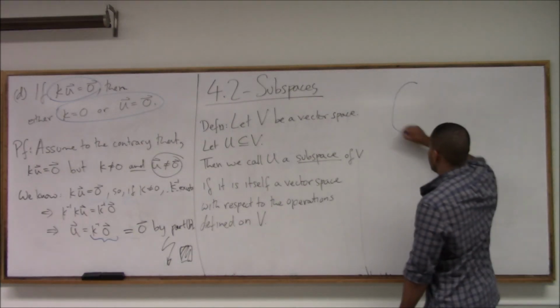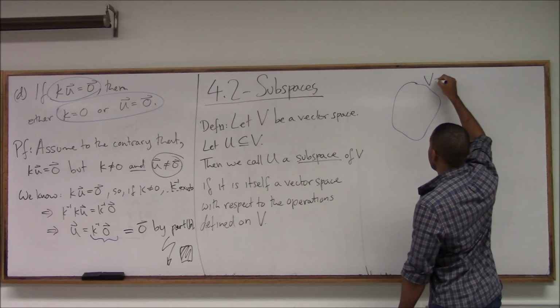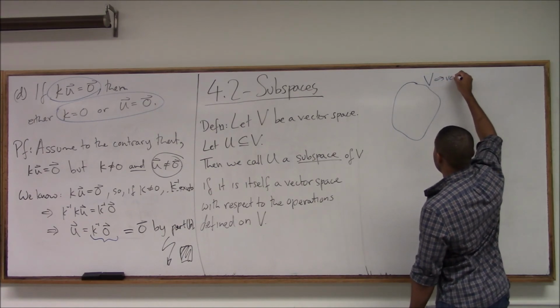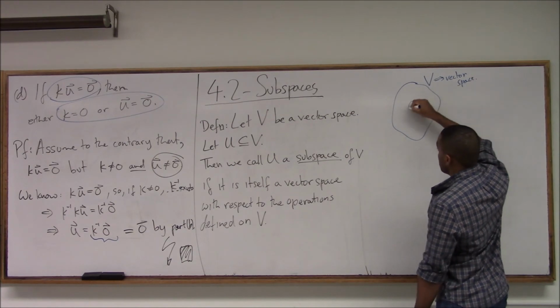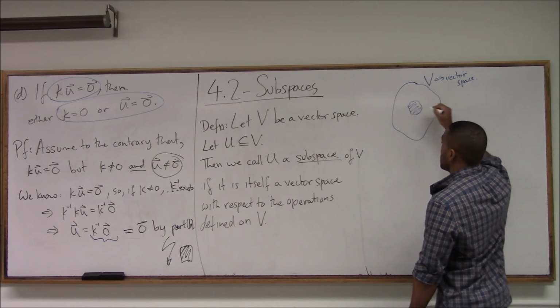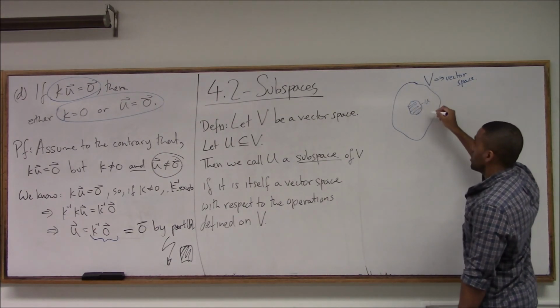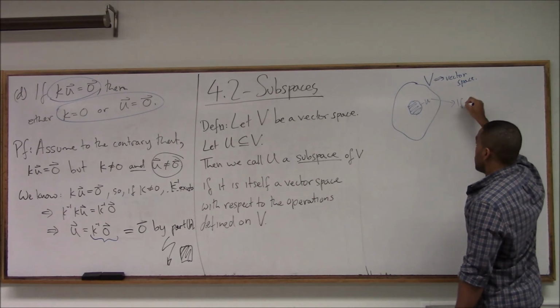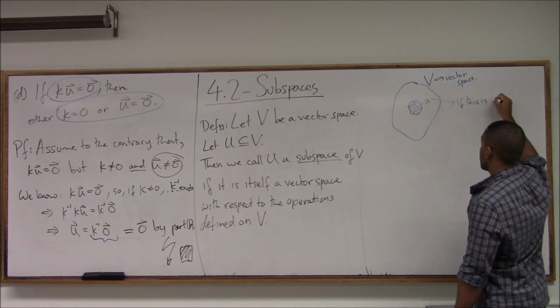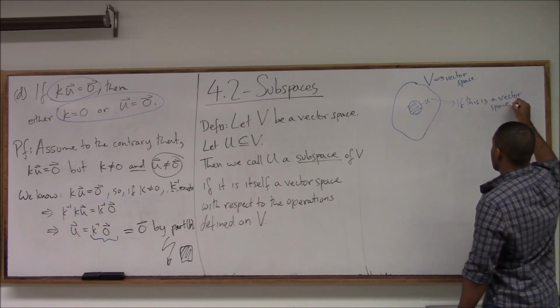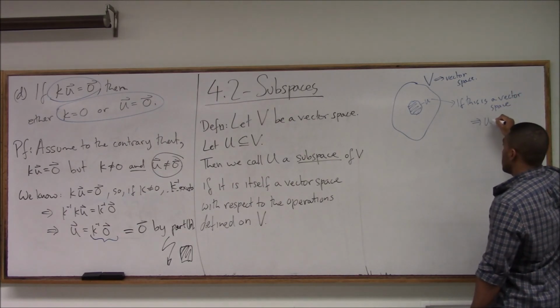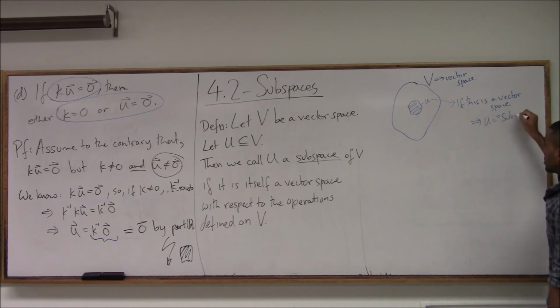So here I have my set V. I know that this is a vector space. If I take some subset inside of this thing, which I call U, and if this is a vector space, then I call it a subspace.